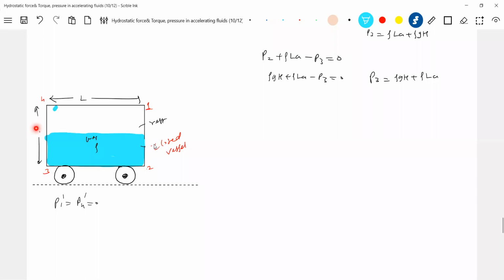So let me take a cubical container. I'm going to test just now what all you studied. I'm going to test it. Water, this is say vacuum.